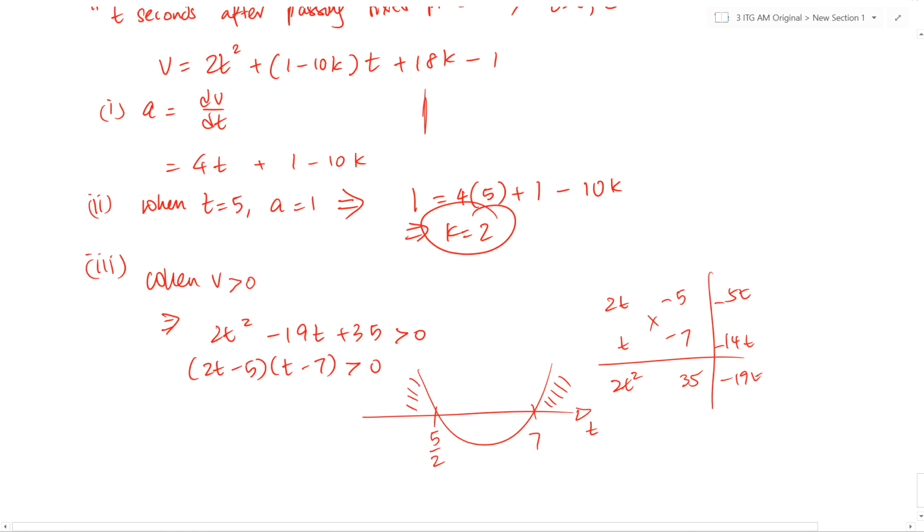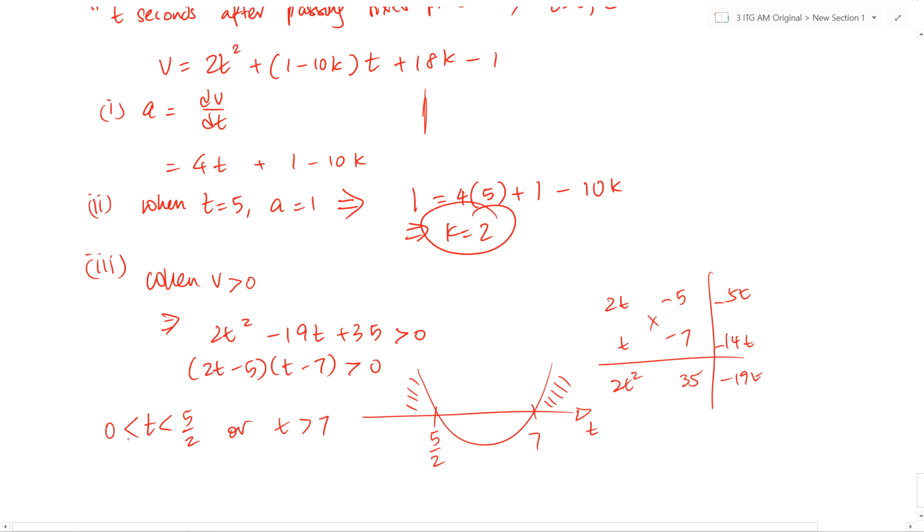If this is purely a quadratic inequality question, our answer will be t less than 5 over 2 or t greater than 7. However, there is a context to this. T refers to time. Can I have time being infinitely less than 5 over 2? What is the minimum value for time? So it has to be this way. Okay?